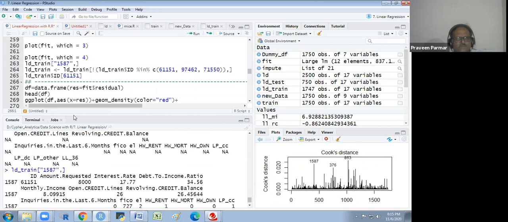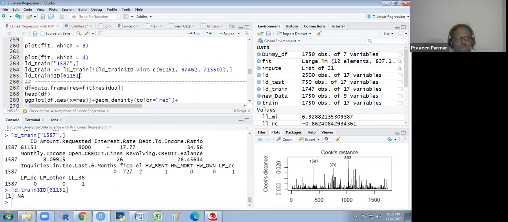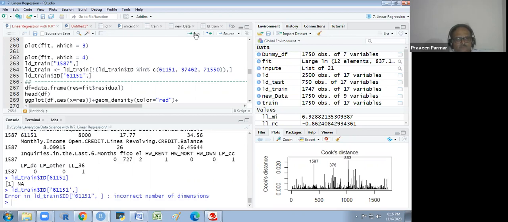I'll not run the next line. Why is it so? I write in this way. Then see. So all columns I want to see. Correct number of dimensions.